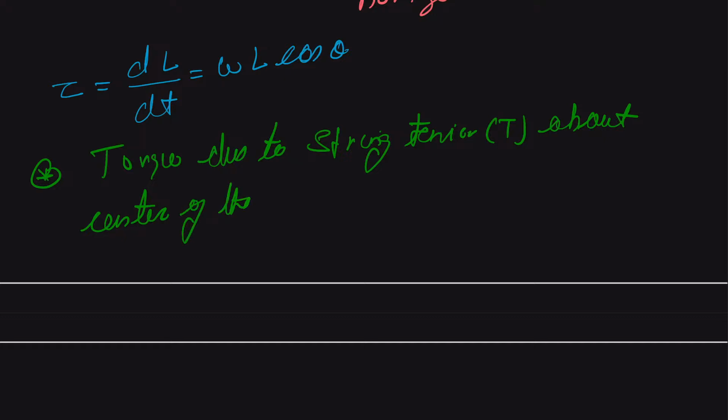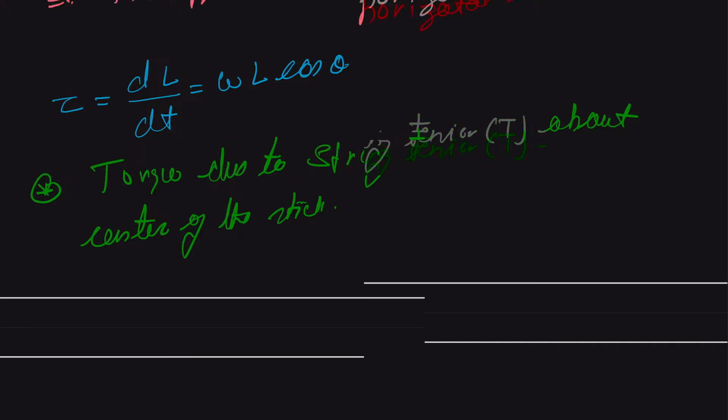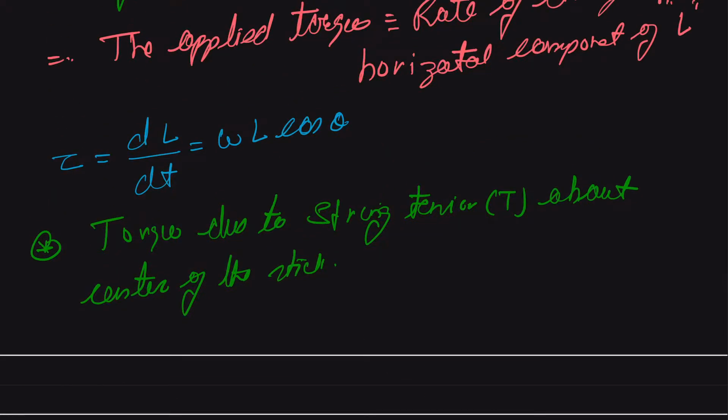So which basically means that this is our stick and this is our vertical portion, and our strings are connected like this, and this is angle theta.